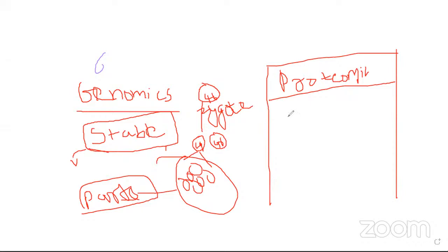Different proteins are formed. Proteomics means the study of the complete set of proteins of an organism, and the complete set of genes of an organism is called genomics. Proteomics is individual, but genomics is similar.